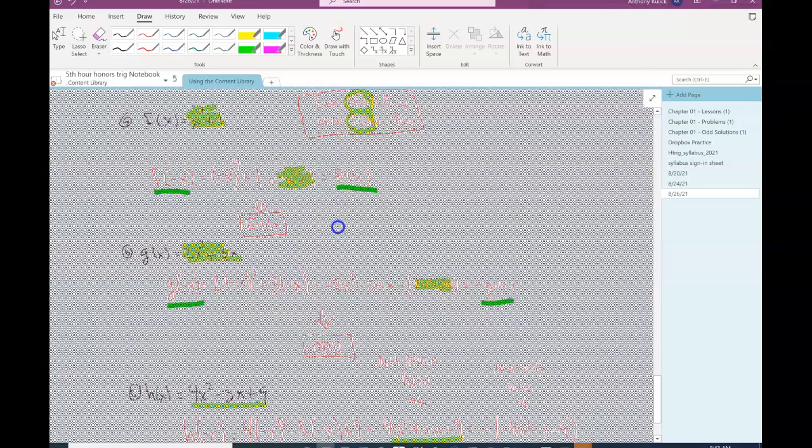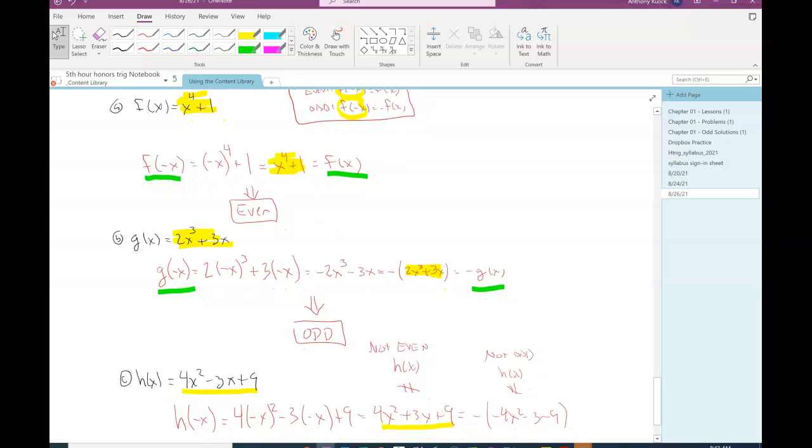So first observation: if I look at these three functions, f of x, g of x, and h of x, there's something in common to all three of them. What do you see that's in common to all three of them? I'm talking about the part in black, the original problem. What is in common to all three?